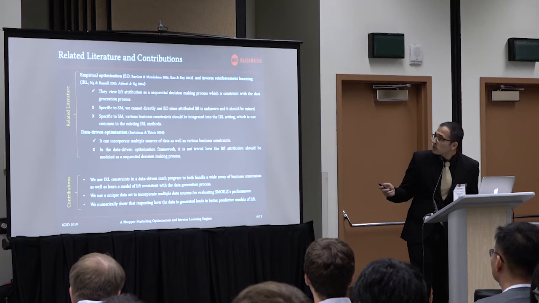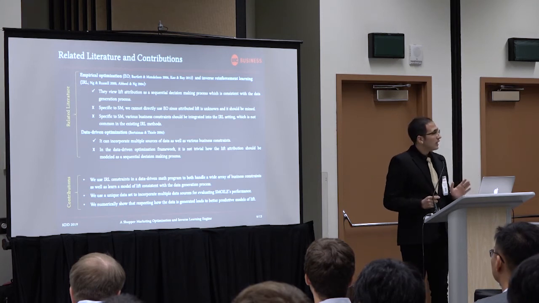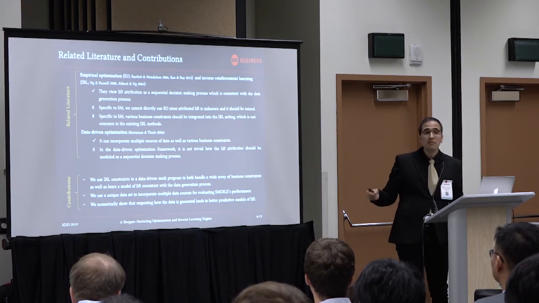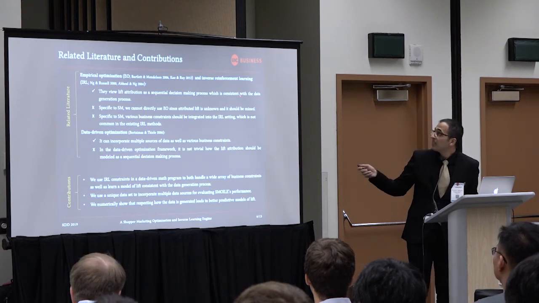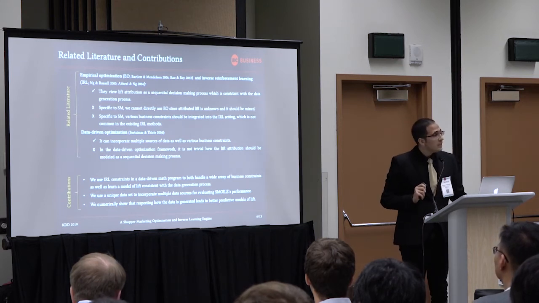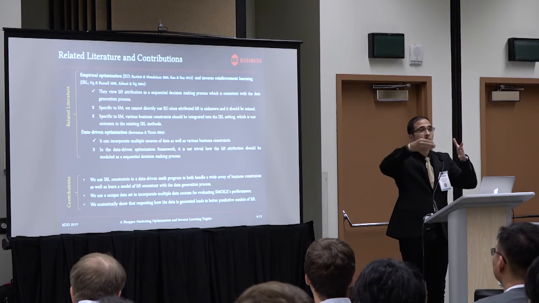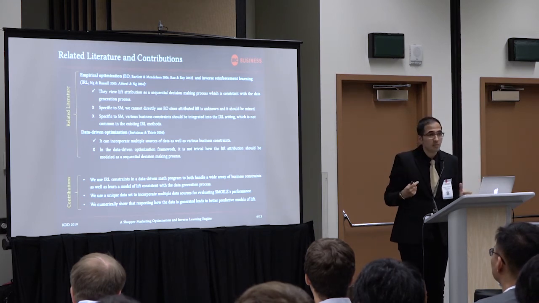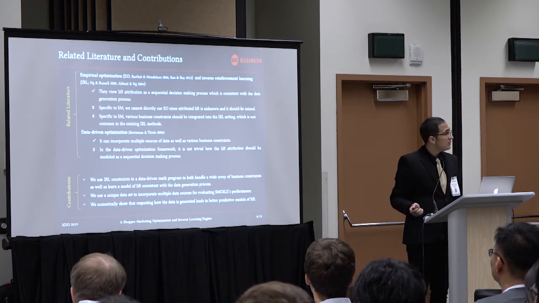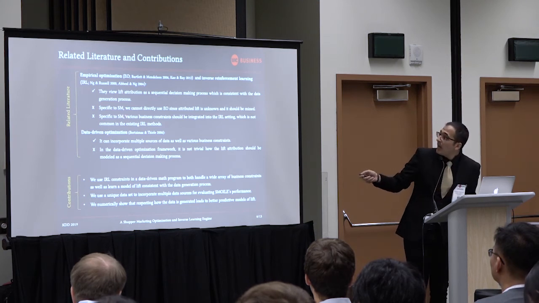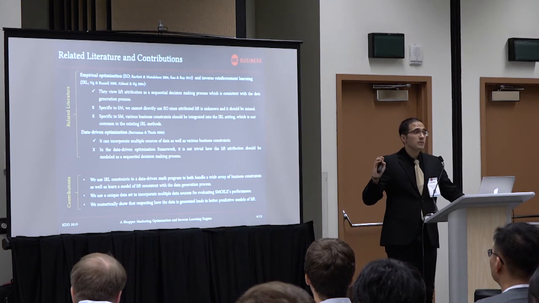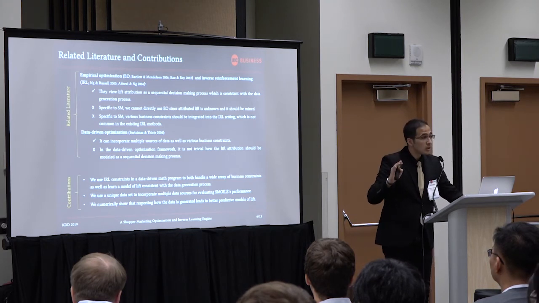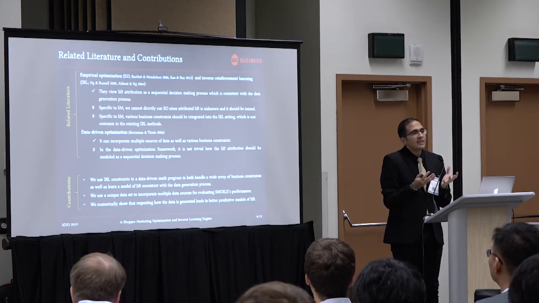So regarding the related literature and contribution, there are empirical optimization and inverse reinforcement learning. These are very powerful for capturing the temporal link of actions and modeling the problem as a sequential decision-making process. However, specific to our setting, the empirical optimization cannot be directly used because we don't have access to the attributed lift.